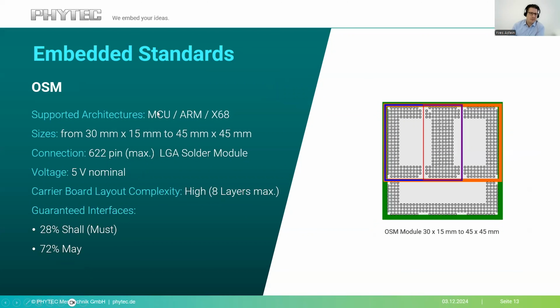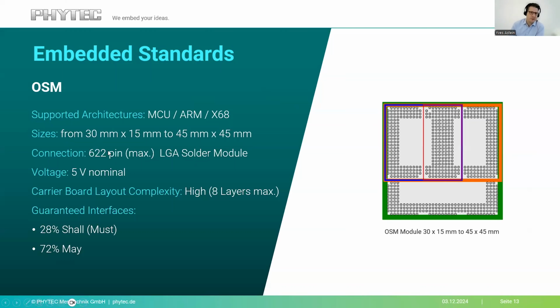OSM. OSM even covers 3 types of architectures: MCU architectures, ARM architecture, and x86. So it's trying to create a standard that covers a lot of standards, which can also be a compromise. Sizes are quite nice, 30 by 15 for the MCU versions, going up to 45 by 45 as a maximum.